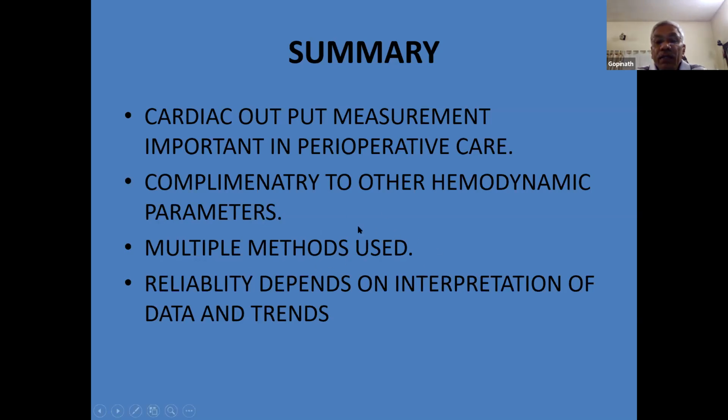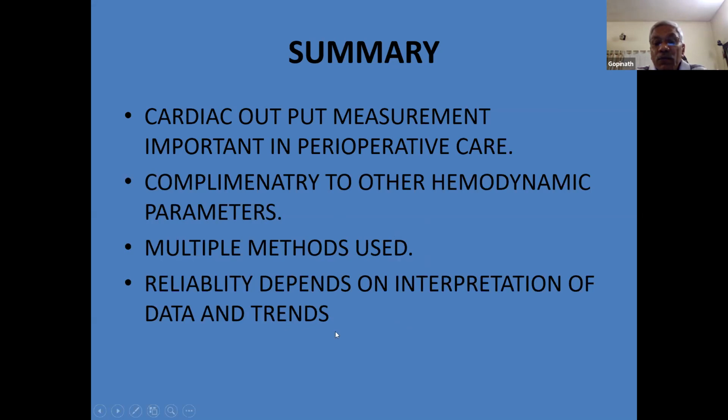Like I said, lots of tools, techniques and equipment are available, and we have discussed all of them in the last 30 minutes. Please understand again, for anything biological, or any method, technique or monitor, no single point of data is important. It is always trends.